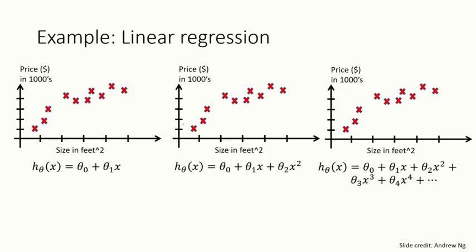To illustrate that overfitting, if you fit your model with this, you probably still have quite a lot of errors. But this is just one feature variable, beta 1, theta 1.